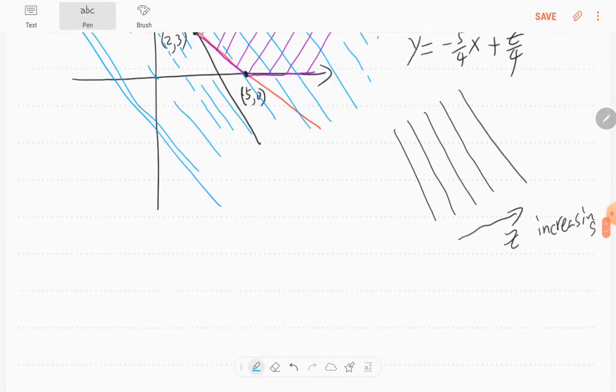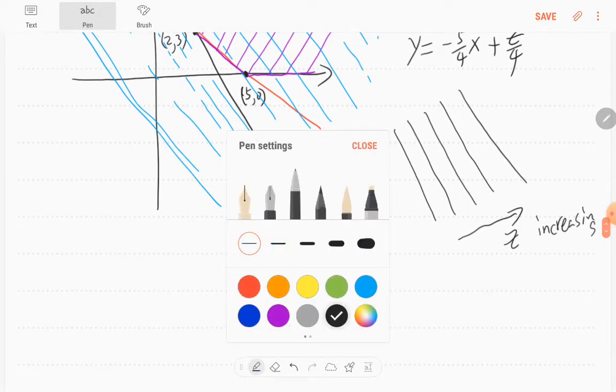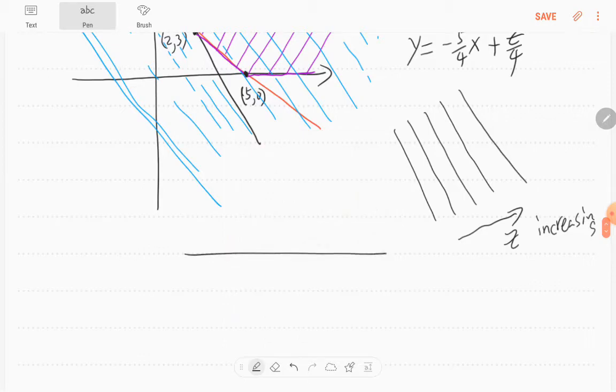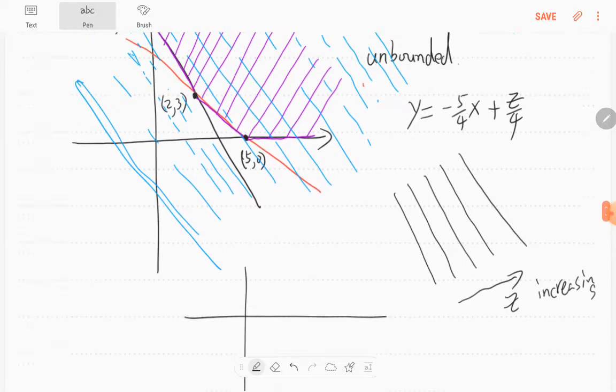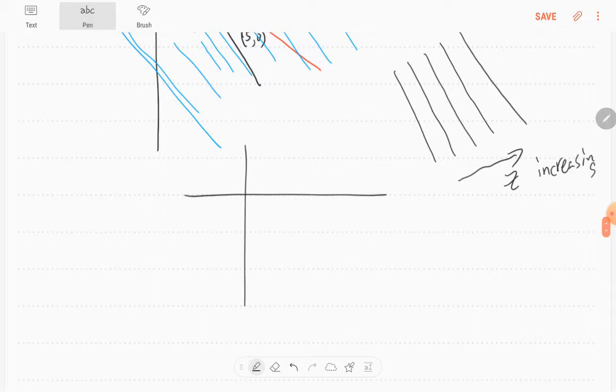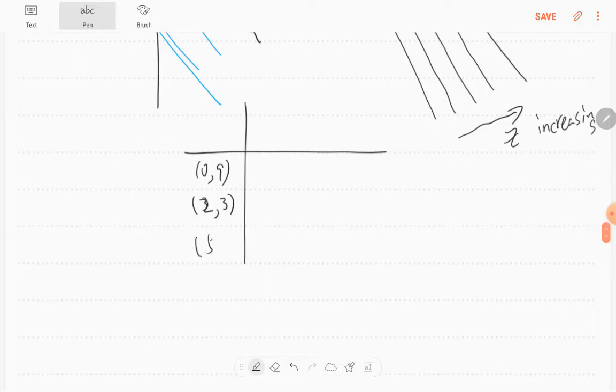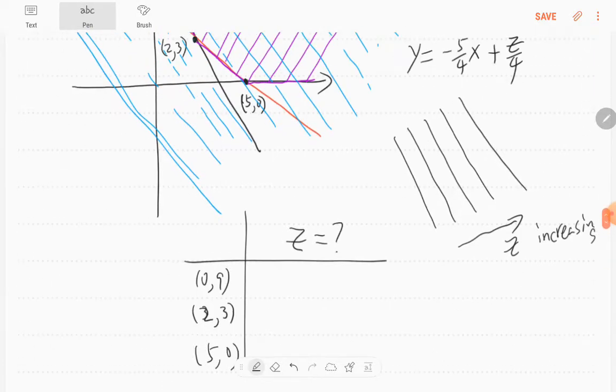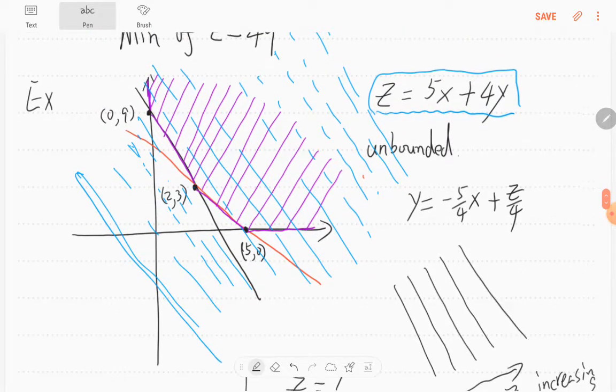So we need to test. We draw a table and list the corner points. One is (0, 9), another is (2, 3), and the other one is (5, 0). What are the z values? We plug into z equals 5x plus 4y.